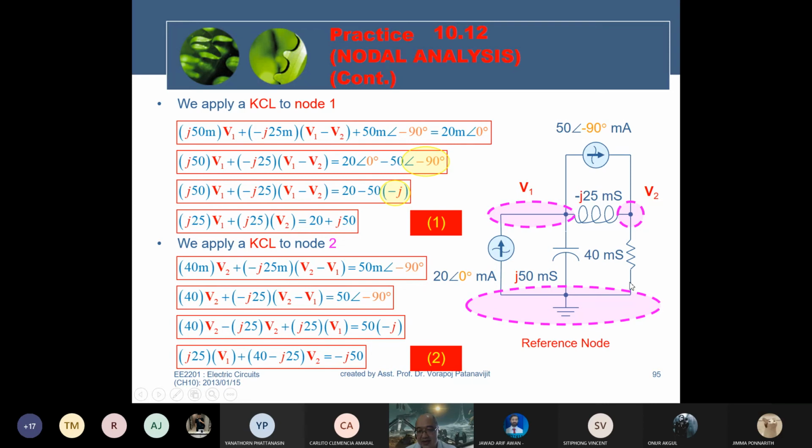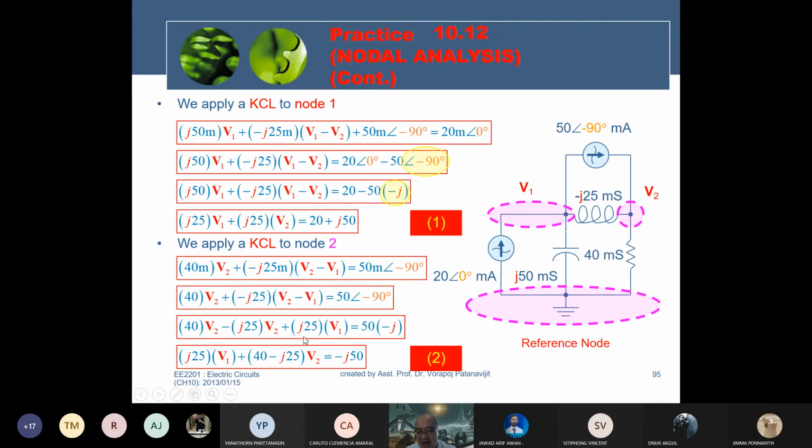For this one, V2 multiplied by 40 milli. And for this branch, V2 minus V1, minus 25J milli times V2 minus V1.